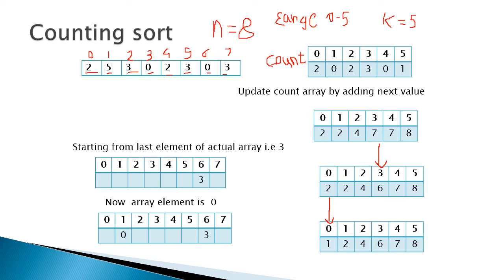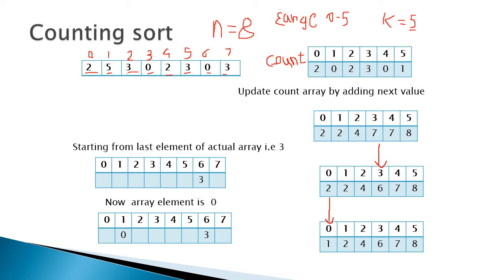Why k plus 1? Because the range is from 0 to the kth element. If the range is 5, then it is from 0 to 5. Here k value is 5, and the total elements in this count array are 1, 2, 3, 4, 5, 6. That's why k plus 1.